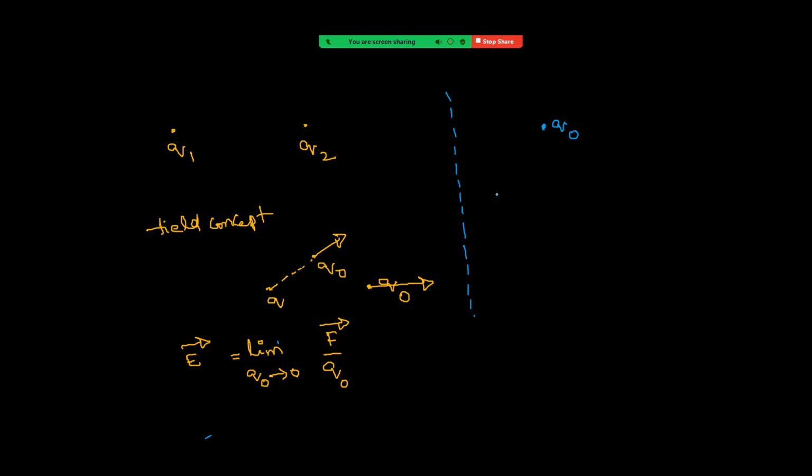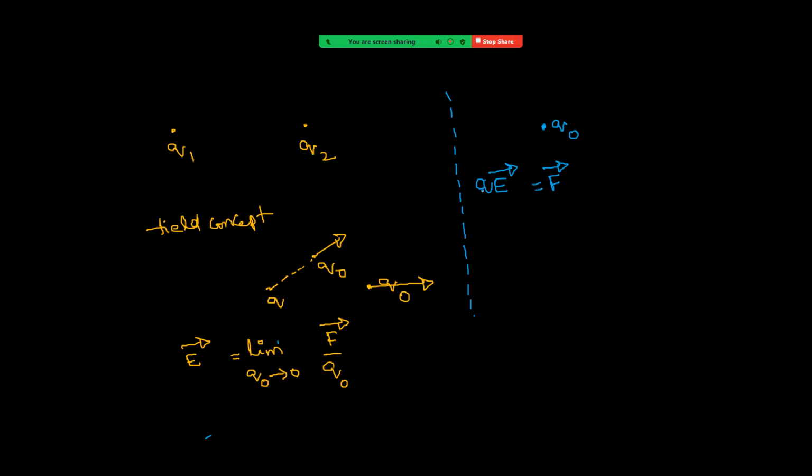Once we know the value of E bar at a point, if we place a charge at that point, then the force acting on that charge is given by F bar equal to Q into E bar. See, in this, E bar is already known at the point where charge Q is placed.